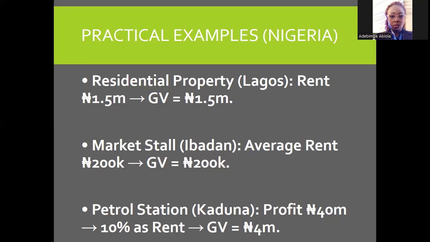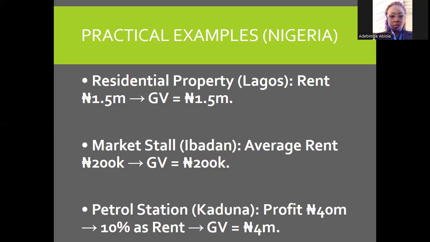Then another practical example is a petrol station located in Kaduna. As I said earlier in this class, a petrol station is a specialized property. So what we are interested in here is their annual fuel sales profit.